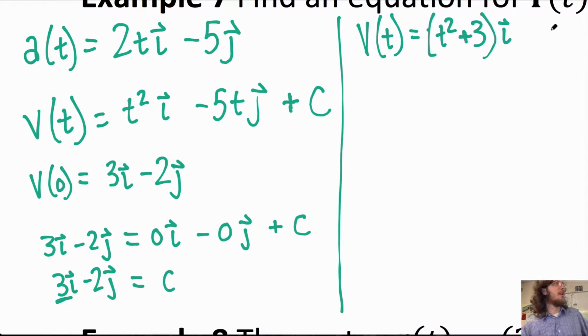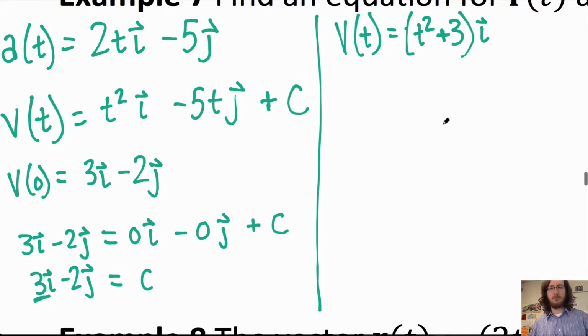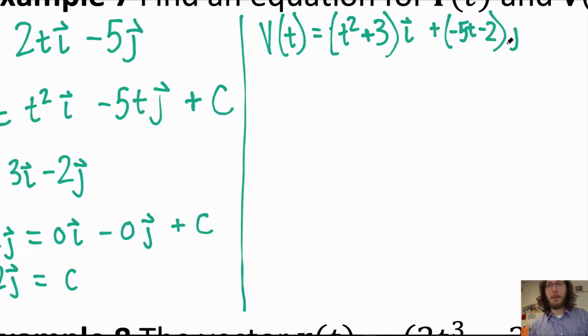We can put those in parentheses and just have a single i vector. And for our vertical component, we have a negative 5t, but then we also just found we have a negative 2. So we combine those together to get our vertical component. Okay, so this gives us our velocity vector as a function of t.